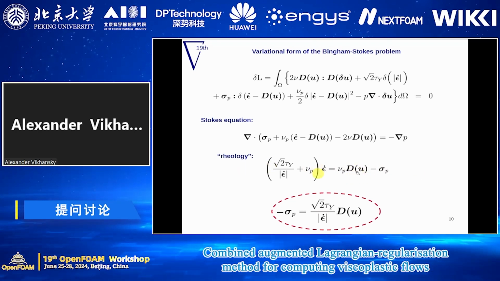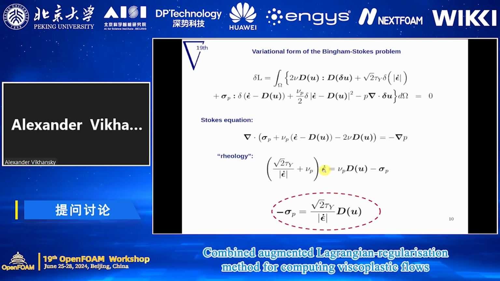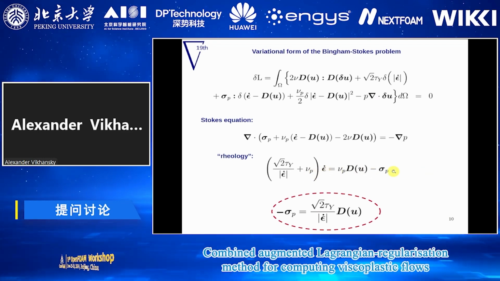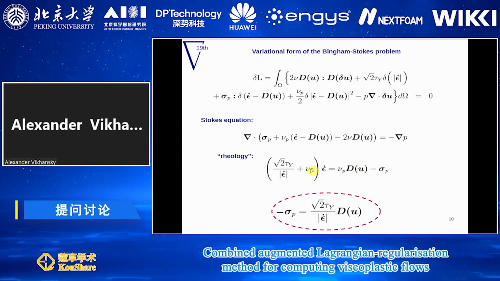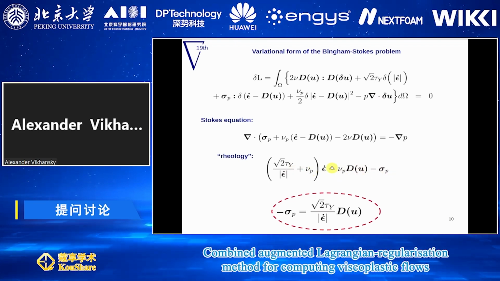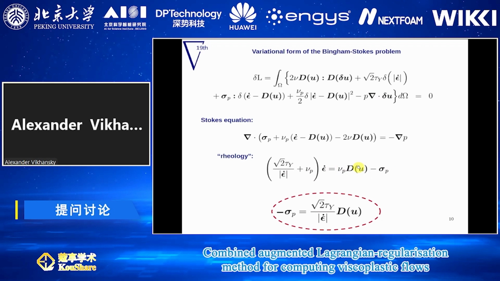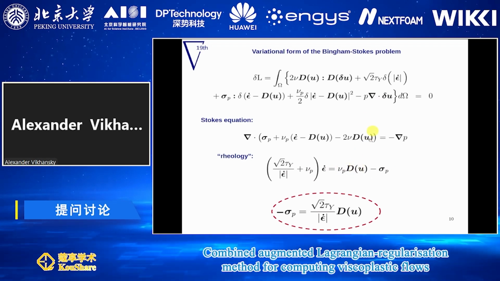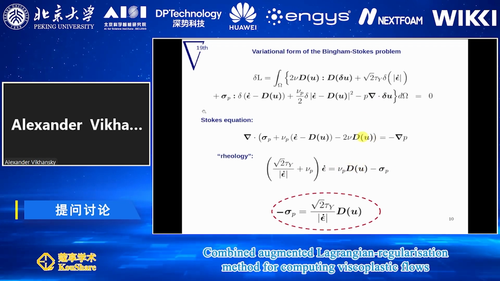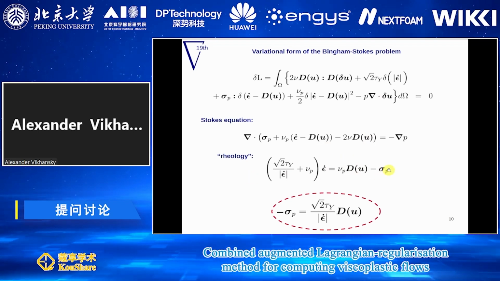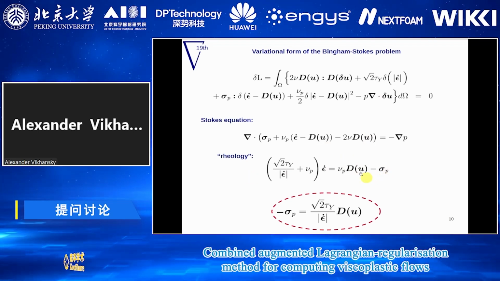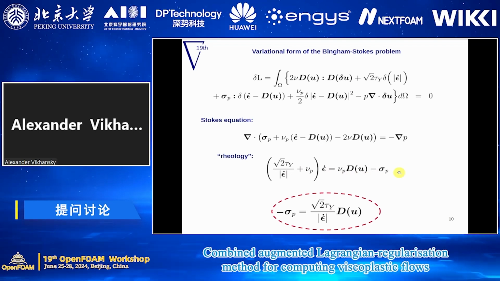The advantage of this part is that it's pointwise, so it's a 1D equation, and although it's non-differentiable, it can be solved, right? And then you have this iteration procedure between this and this, between the Stokes equation and the rheology part, and it really takes a lot of time.